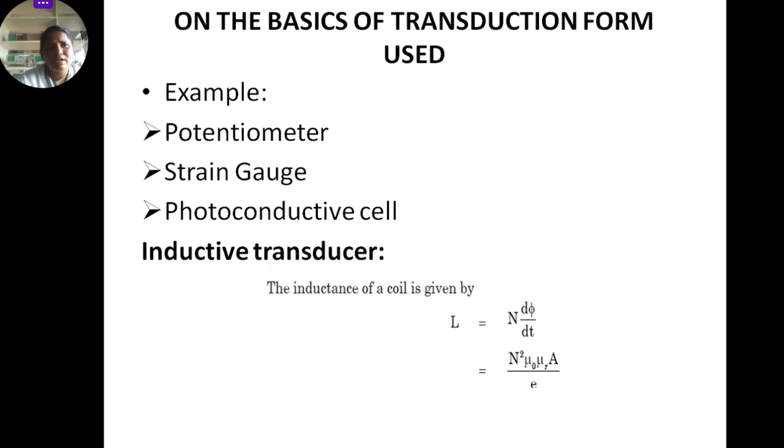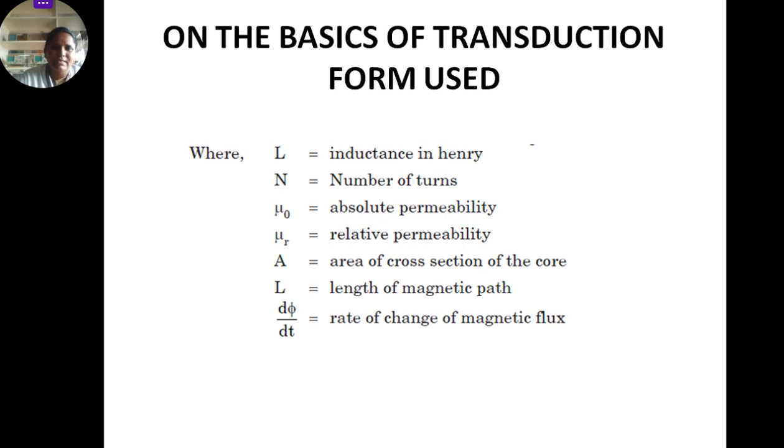We substitute the values of mu naught and mu r, A divided by l. N means the number of turns, L means the inductance in Henry, mu naught means absolute permeability, mu r means relative permeability, A means area of cross section of the core, l means length of the magnetic path, and d phi by dt is the rate of change of magnetic flux.